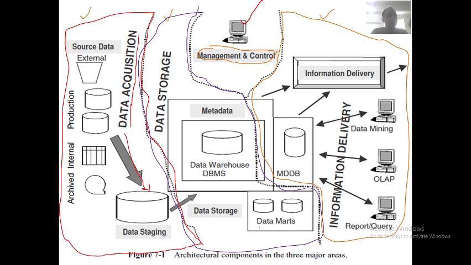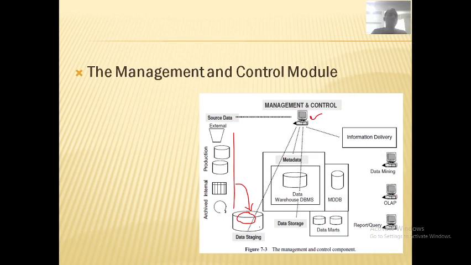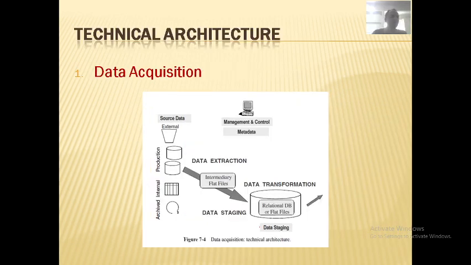The data acquisition area will have these things along with the data sources and data staging. The data storage area groups together metadata, data warehouse, and data marts; we'll call this the data storage area. And in information delivery, we have various tools for extraction.